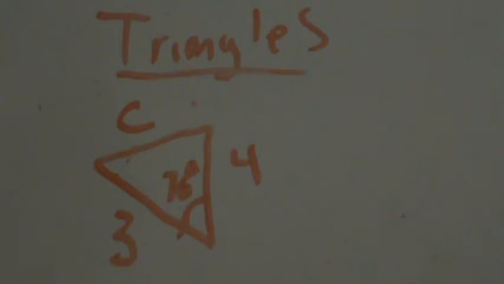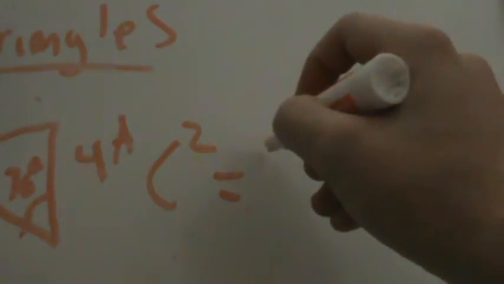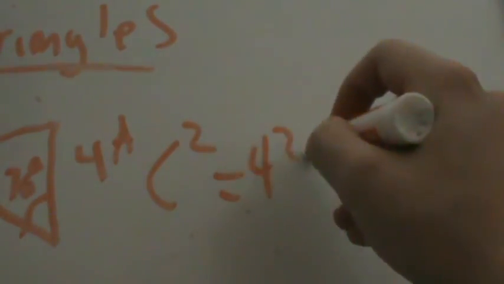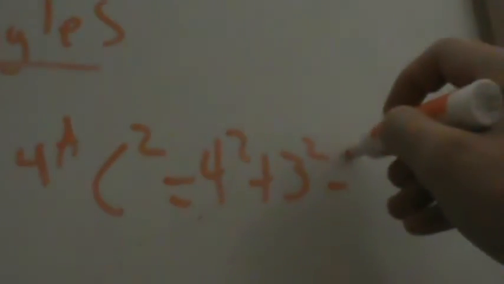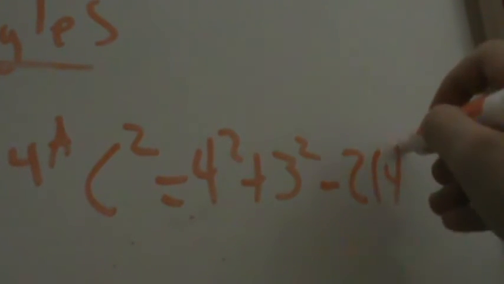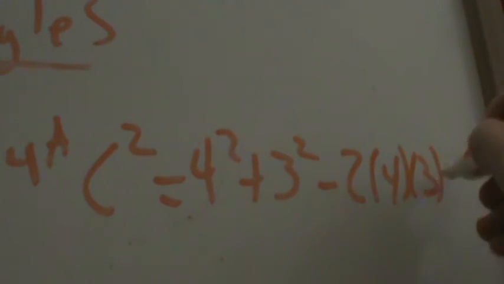Okay? So what will we do here? We want to find C, so let's say this is A, this is B, so c squared equals 4 squared plus 3 squared minus 2 times 4 times 3 times cosine of 70.